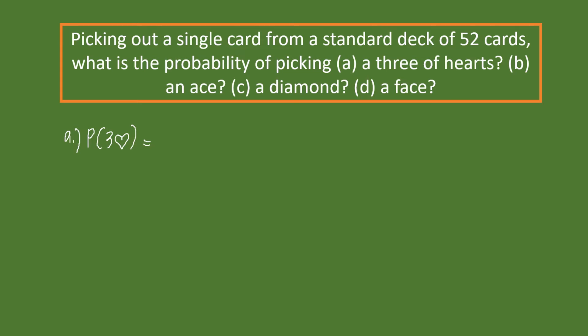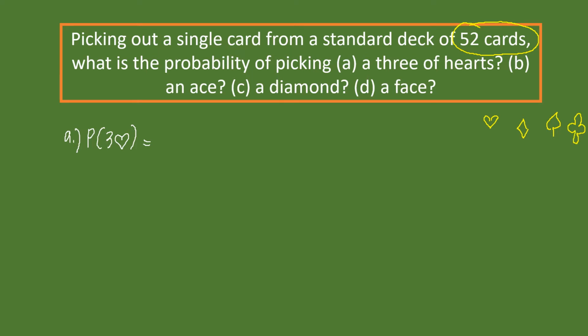Note that we are getting a card from a standard deck of 52 cards. So what does this mean when you have a standard deck of 52 cards? This means a deck of 52 cards has four suits. We have the hearts, the diamond, the spade, and the clubs, right?